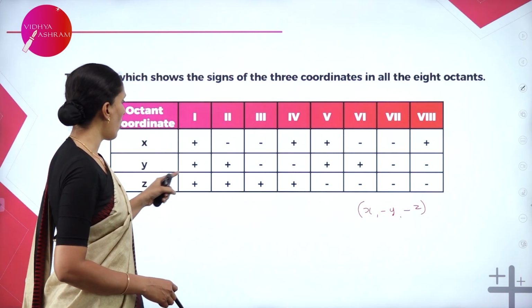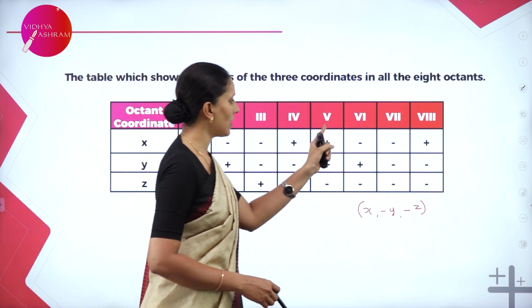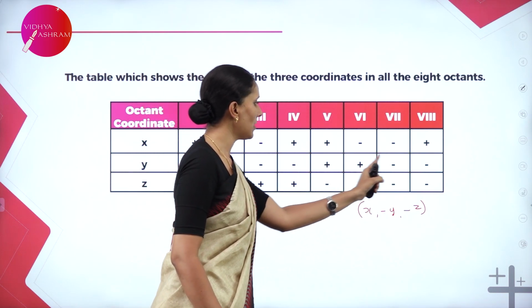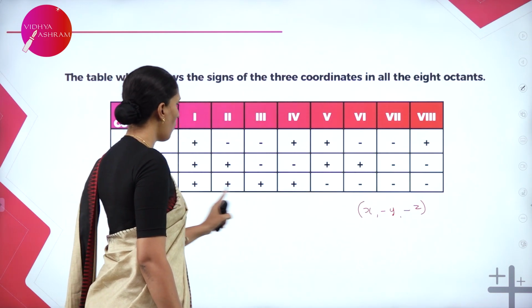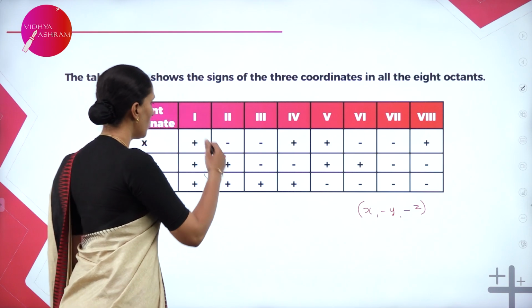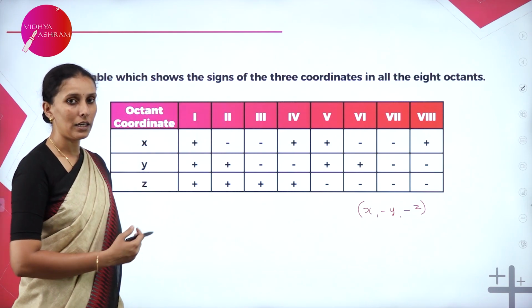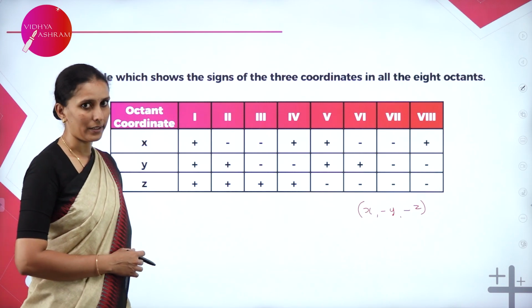For x, write plus, minus, minus, plus, plus, minus, minus, plus. Next for y, plus, plus, minus, minus, plus, plus, minus, minus. For z, 4 plus and 4 minus. Then you can find which octant the point lies in.